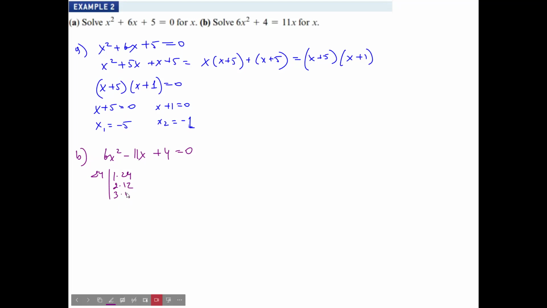3 times 8, so 6x squared minus 8x minus 3x plus 4. So what I take, 2x outside, right? So 3x minus 4. Here I take minus outside, 3x minus 4.